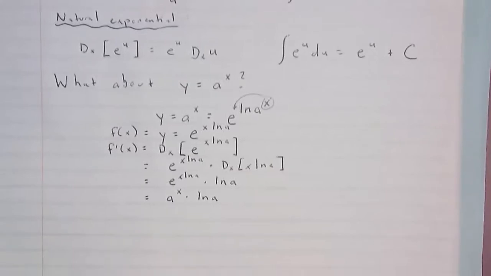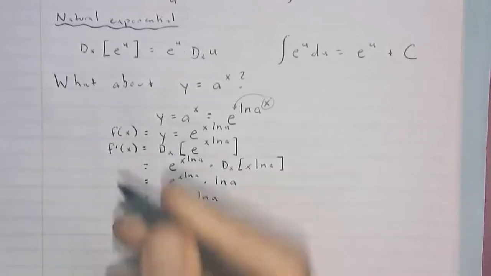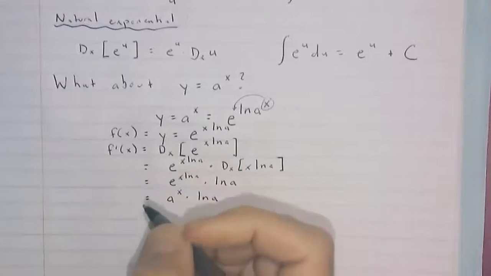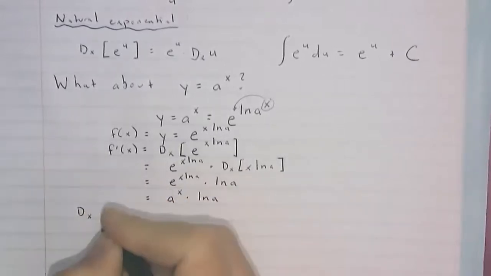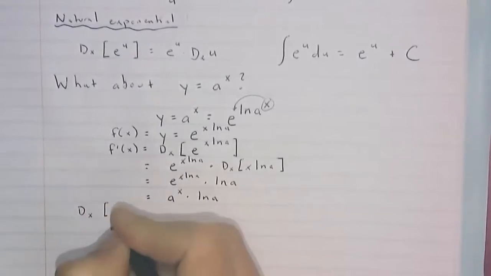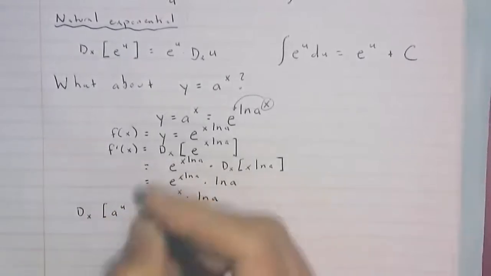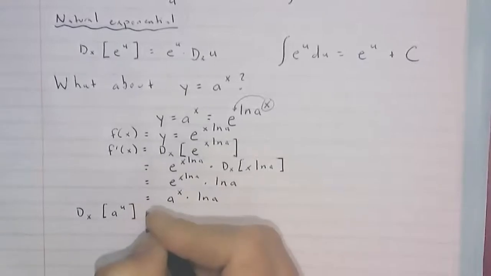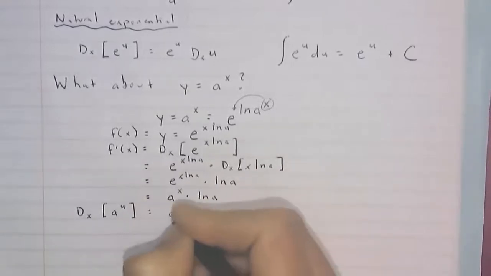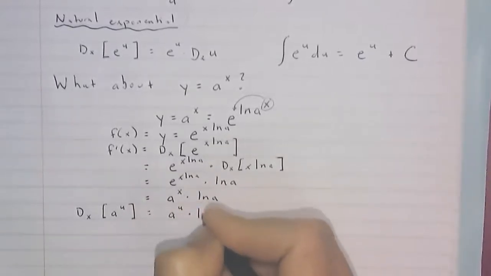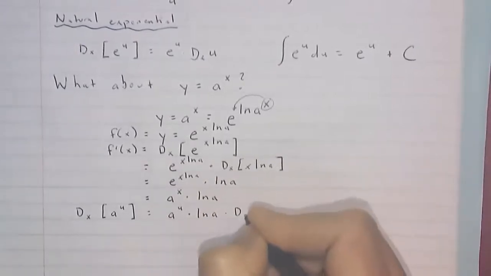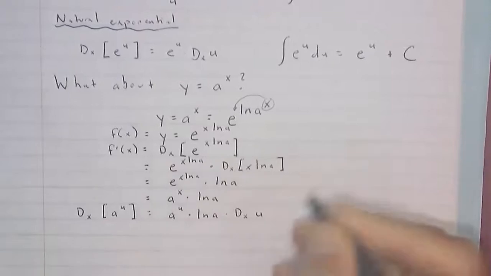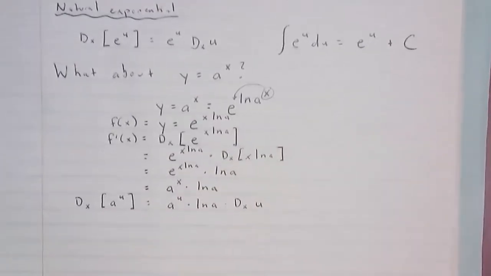Or then more generally, d/dx of a to the u is equal to a to the u times ln of a times d/dx of u. Again, having to account for this chain rule situation.